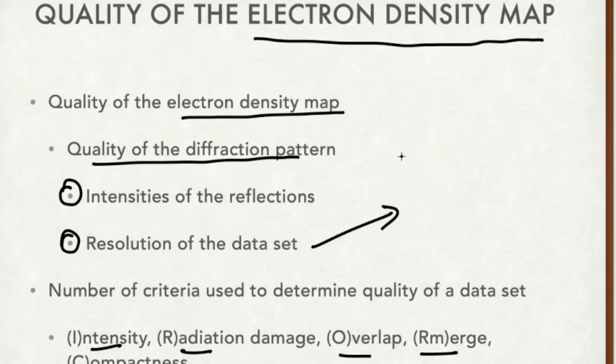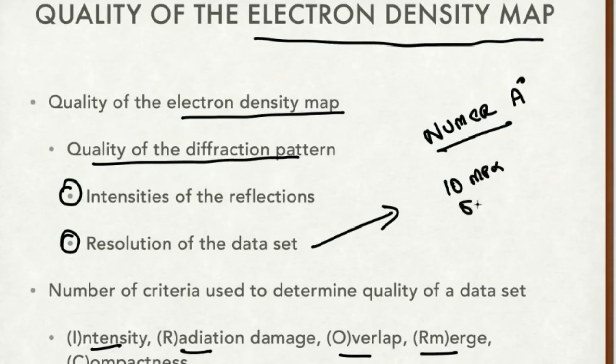We define resolution in terms of a number in angstrom units, right? This resolution is something like your camera lens. We call it a 10 megapixel camera, or a 50 megapixel camera, right?